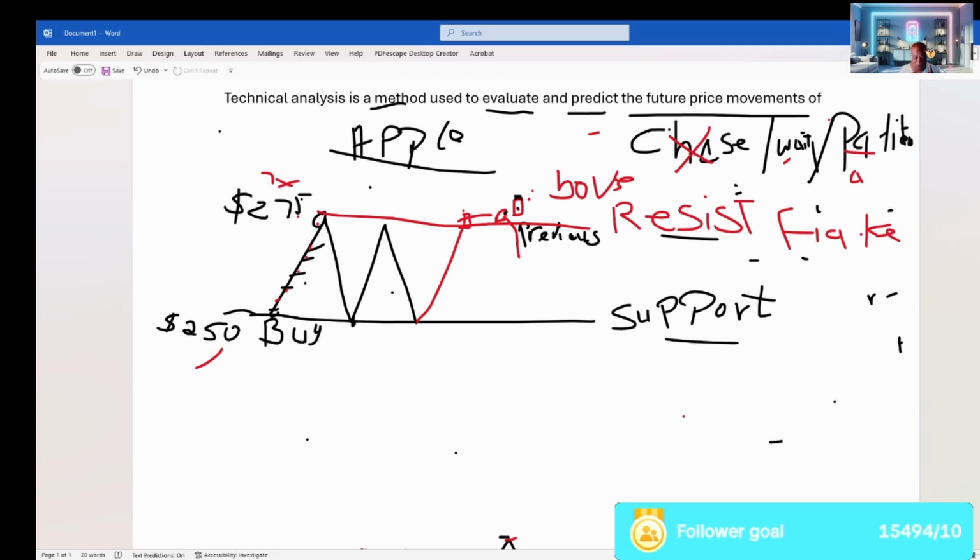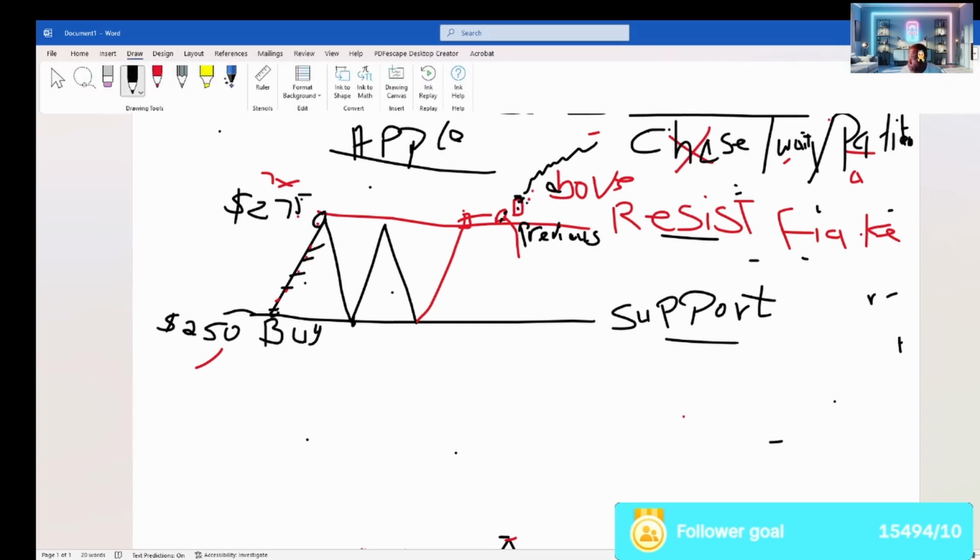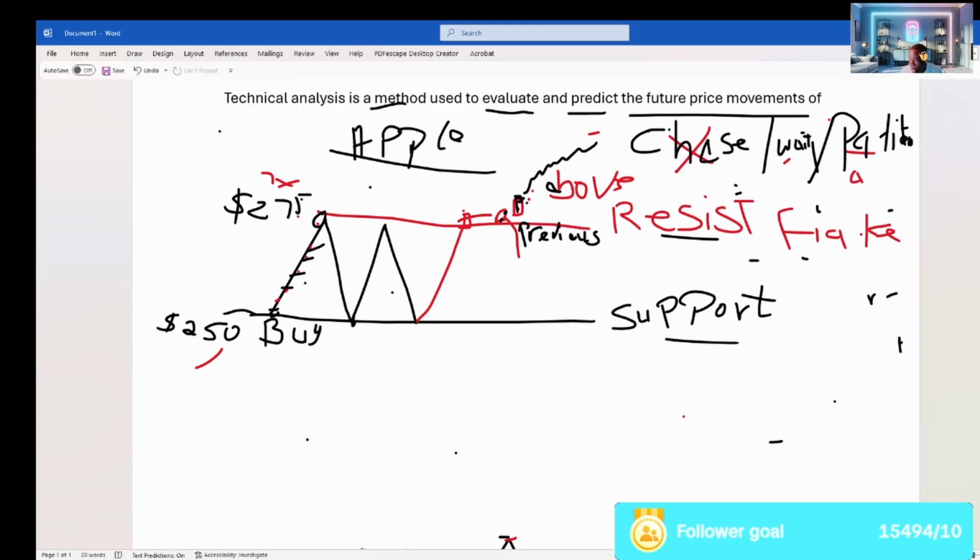So now, if you see this candle closed above the previous candle, yes, the stock has a chance to move higher. Remember, it has to be a green candle. So whenever this candle is green and closes above the previous one, it's going to create another resistance a level above.